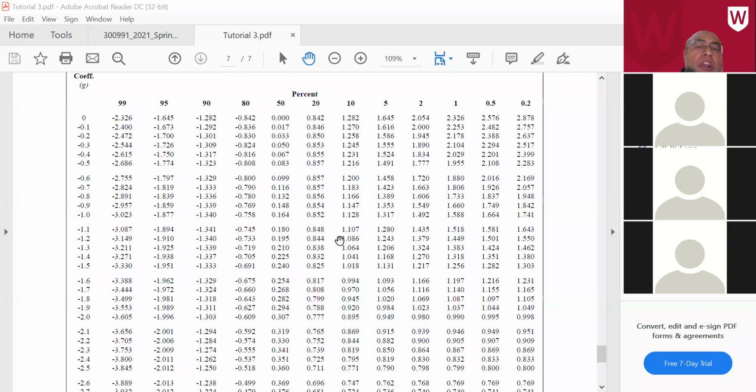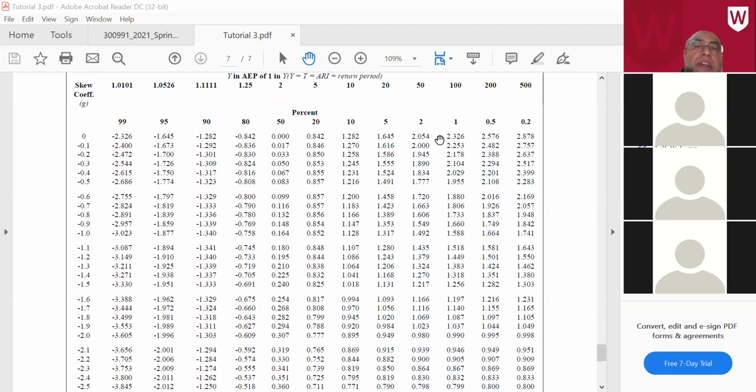So we have to go along, and for the 50-year return period, this is percent, 50-year means 2%. You see 50-year here, which is equivalent to 2%.